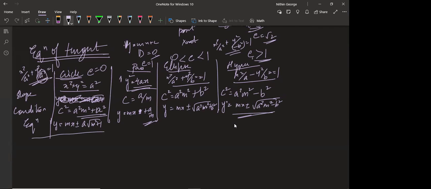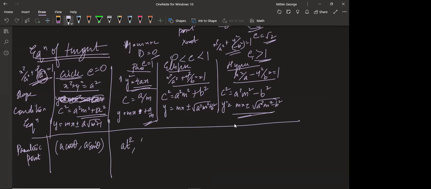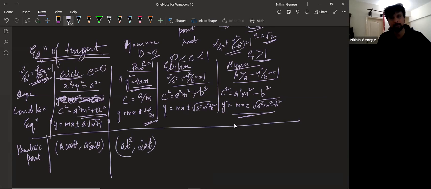Now, can you tell me the parametric form? Parametric point for all these. What is the parametric point for the tangent for a circle? The point will be a cos theta, a sin theta. Okay. Here it will be at square, 2at. Guys, I'm assuming you know this already. Okay. Parametric form of a parabola.